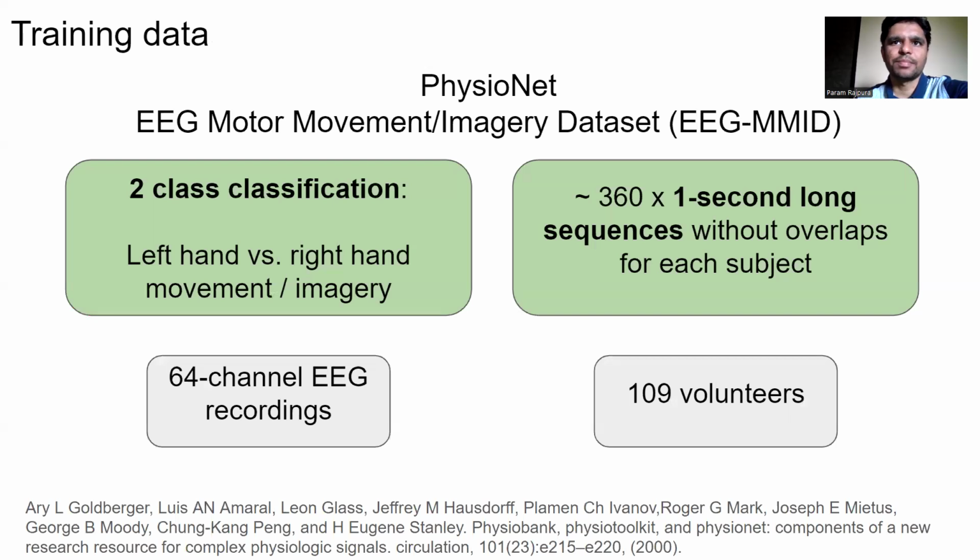To benchmark our approach, we use the PhysioNet EEG motor movement imagery dataset, one of the largest datasets on motor imagery and movement, with 64 channel EEG recordings collected from 109 participants.